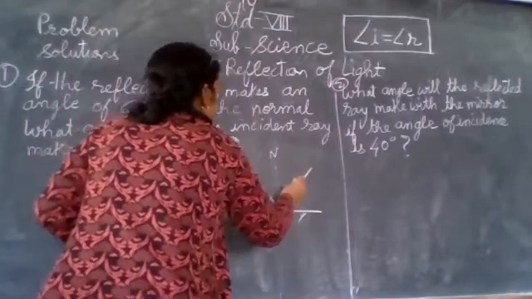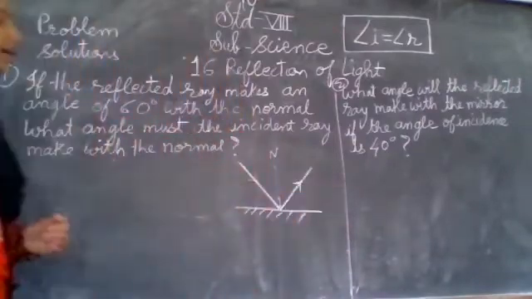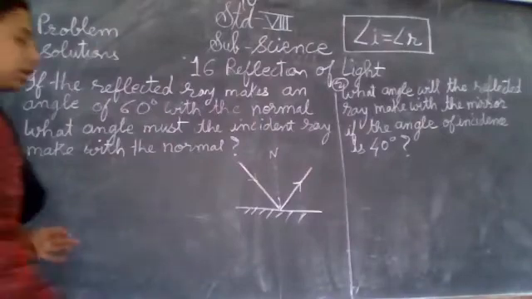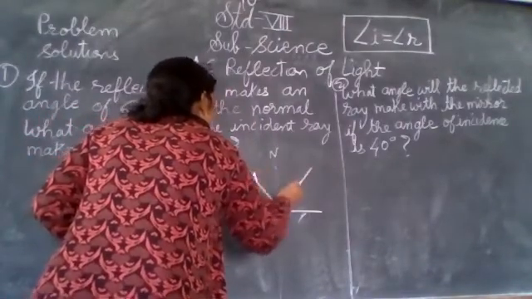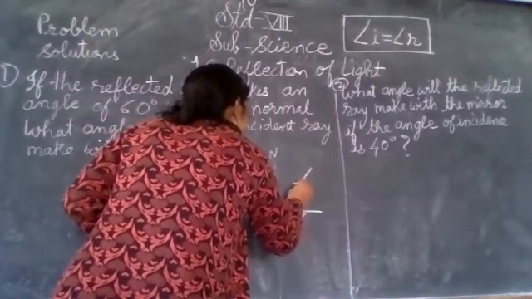So this is the incident ray, this is the reflected ray. See the arrows, okay? They tell you the direction.